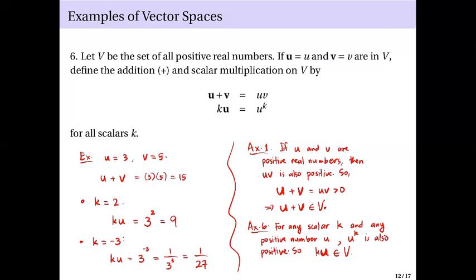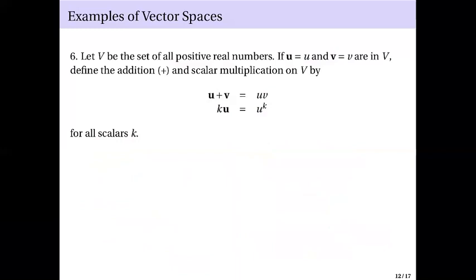Let us show axioms 4 and 5. Axiom number 4. What will be the candidate for the zero object? We take the zero object to be the real number 1. Of course, this one here is a positive number.